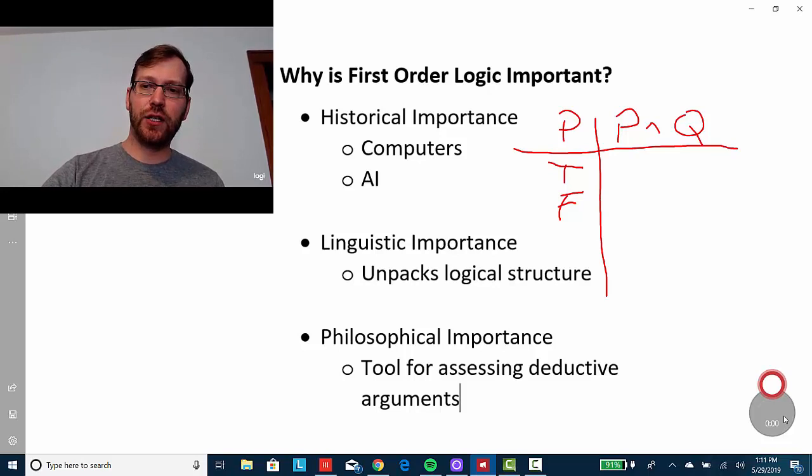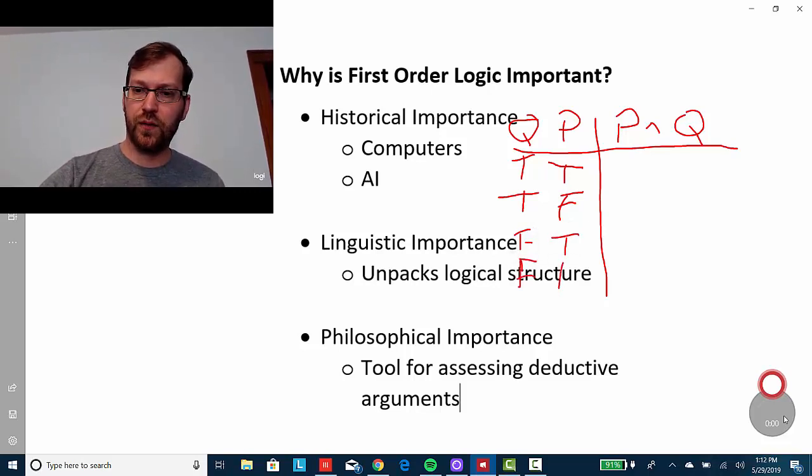So now that I've added Q in this case, Q can be true when P is true and when P is false, but it can also be false when P is true, and it can be false when P is false. Okay?